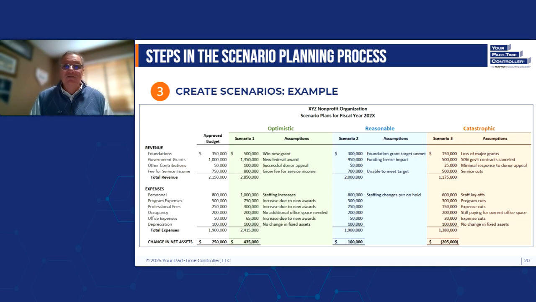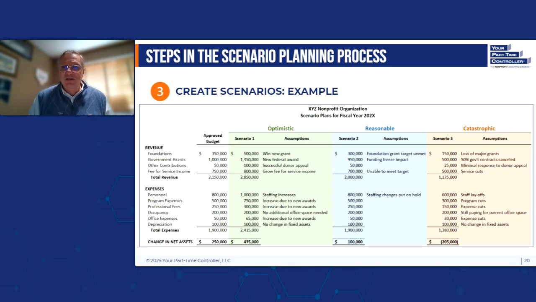The reality is, it doesn't usually happen that way. So we create a reasonable scenario plan where not only do we not increase our revenues by $700,000, we decrease it by $150,000 because of things that are going on, and it gives us another alternative to work towards. But based on that, we don't really have to change anything with our expense side of things.